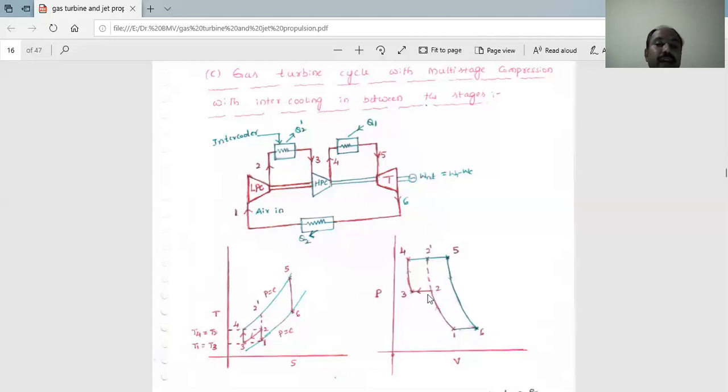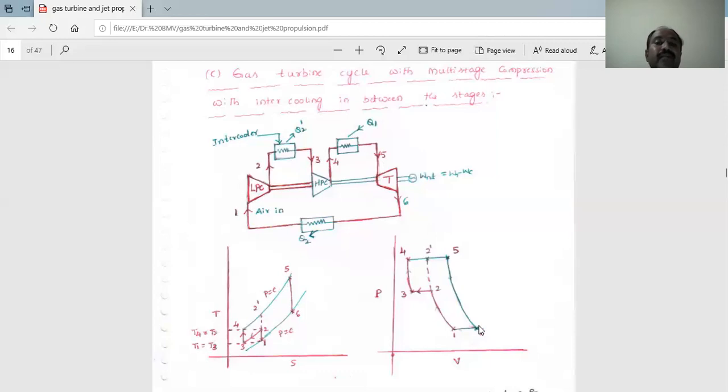Then the compressed air passes to the combustion chamber. 3 to 4, once again the isentropic compression takes place in the high pressure compressor. Then 4 to 5, the combustion: a constant pressure heat addition process takes place. Then 5 to 6, once again the isentropic expansion process, in which work is generated in the turbine.